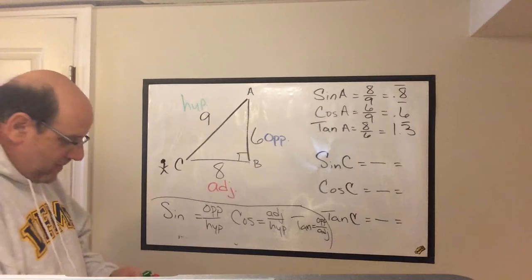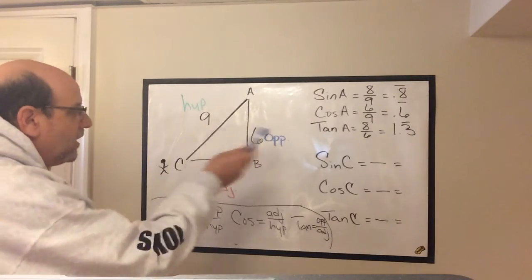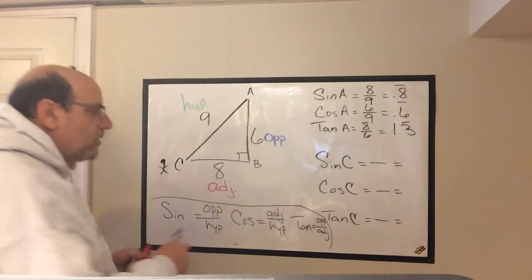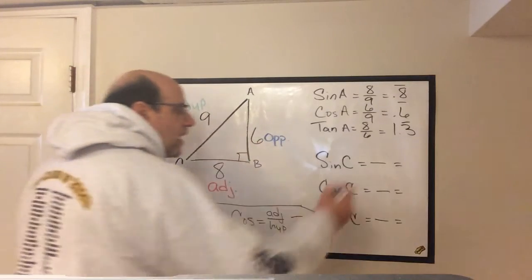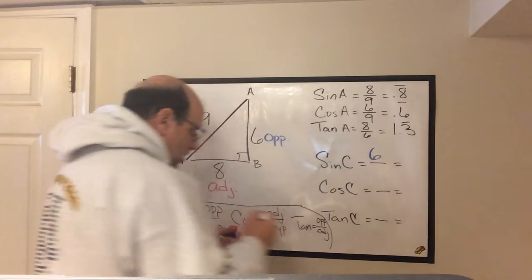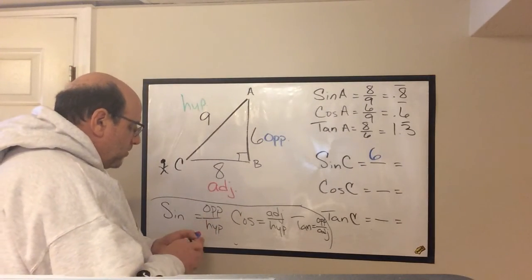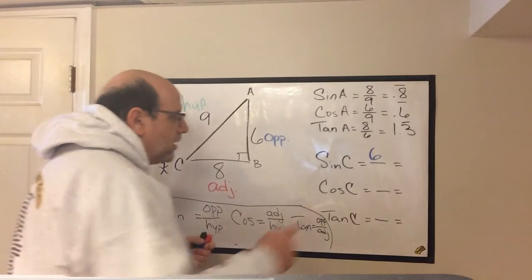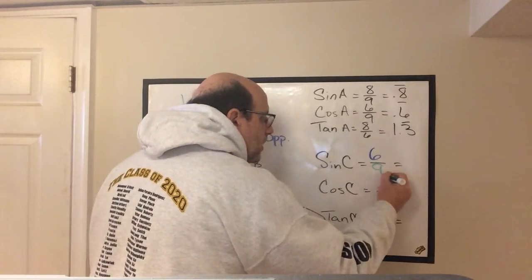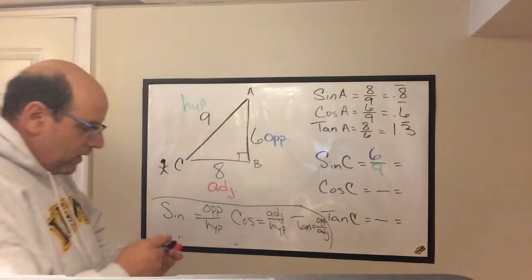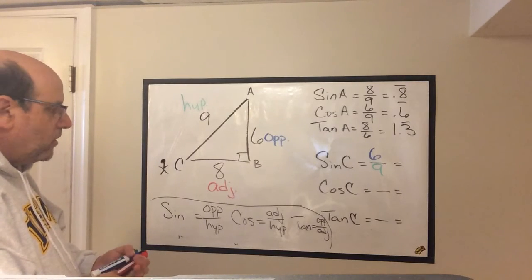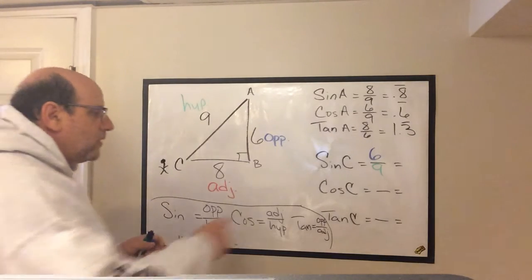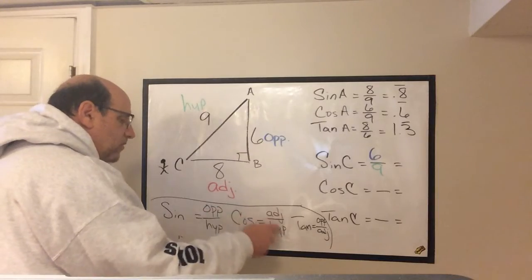Let's try again. The sine function is opposite over hypotenuse, so we're going to compare the length of the opposite side, which is 6, over the length of the hypotenuse, which is 9. I'm going to complete all these first, and then get back to it. So the cosine function is adjacent over hypotenuse.